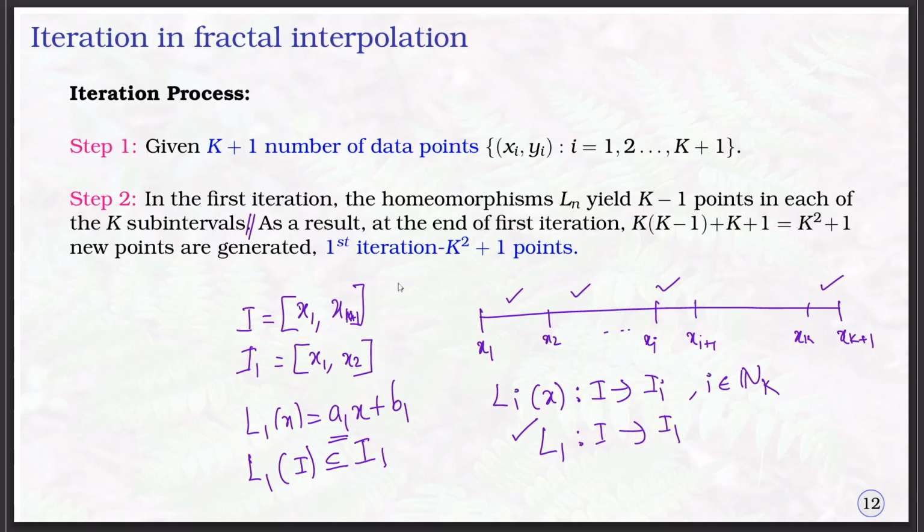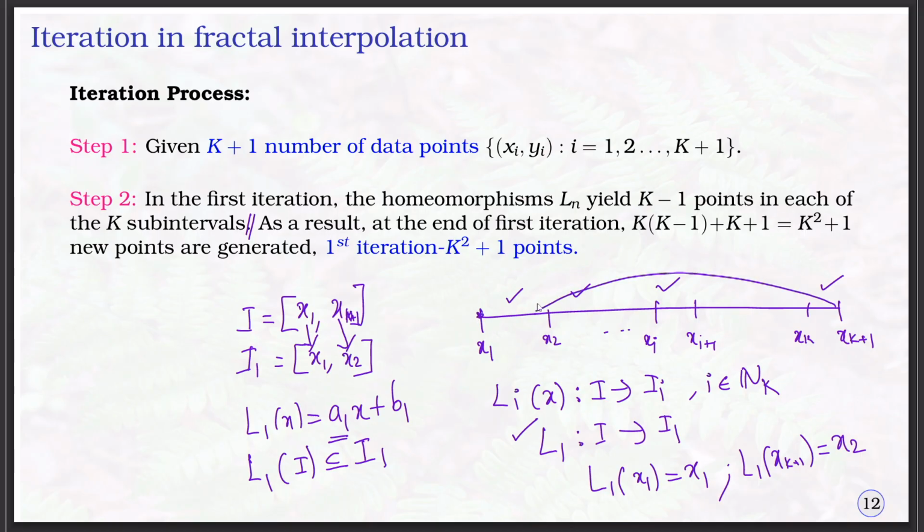Also L1 satisfies the endpoint conditions: L1 of x1 equals x1, and L1 of xk plus 1 equals x2. So the first point maps to x1 and the last point maps to x2, and the remaining points lie in between these two.